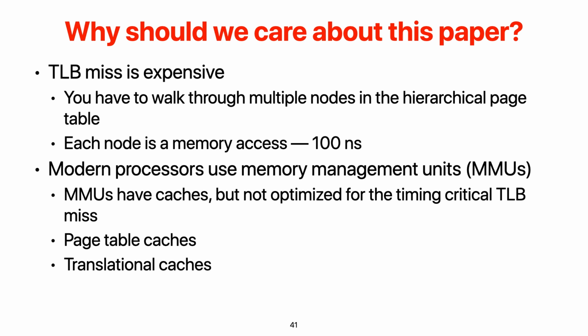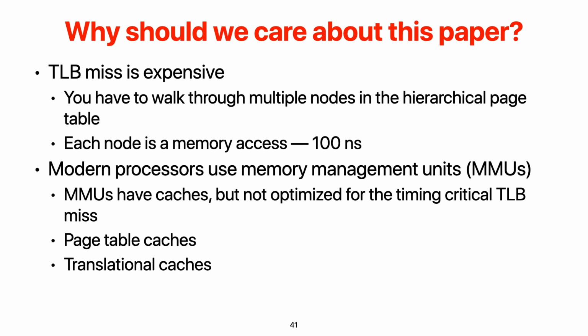It will still miss. However, as we just learned, when the TLB misses, we have to walk through the hierarchical page tables. And the hierarchical page table has multiple nodes that we have to go through, and every node requires very expensive time to access the main memory.